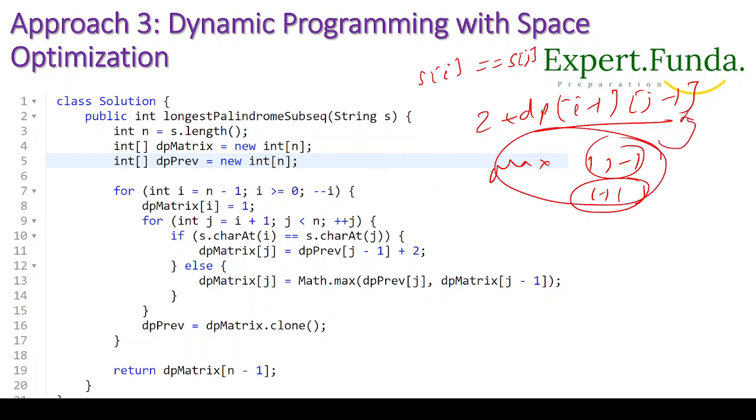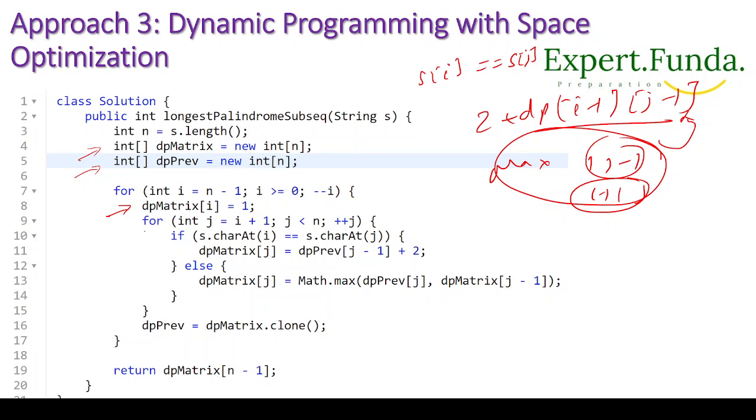that will go into the dp of the respective i and j, okay. So initially we have taken two things, first dp matrix and dp previous, right? So first we'll set dp i equal to 1, because we are not taking a 2D matrix now, we are taking 1D.